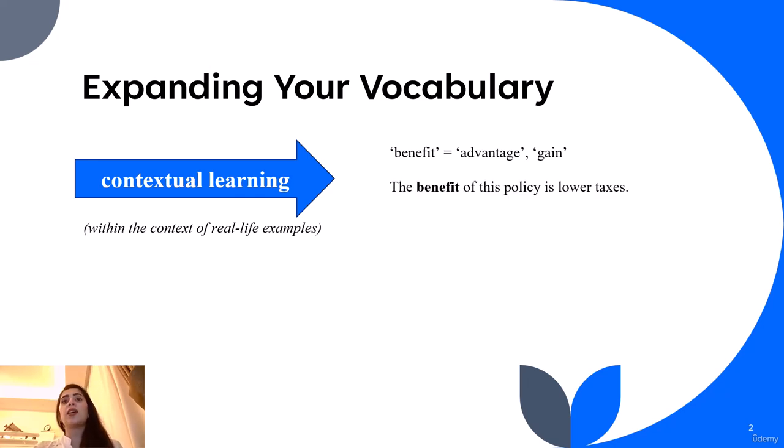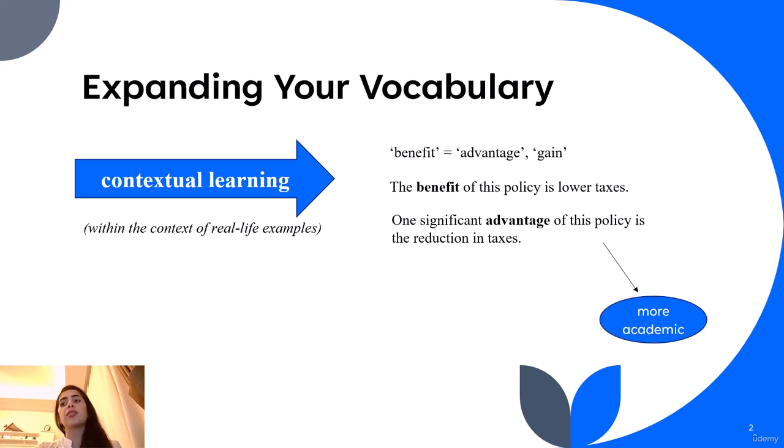You could say, the benefit of this policy is lower taxes, but in a more formal or academic context, you might use advantage instead. One significant advantage of this policy is the reduction in taxes. Learning vocabulary through context helps ensure that you use the words accurately without misapplying synonyms.